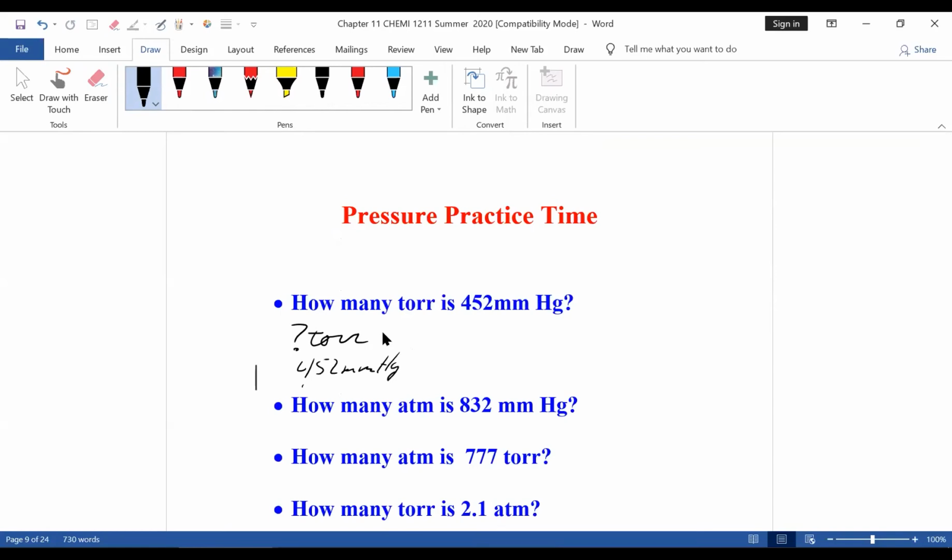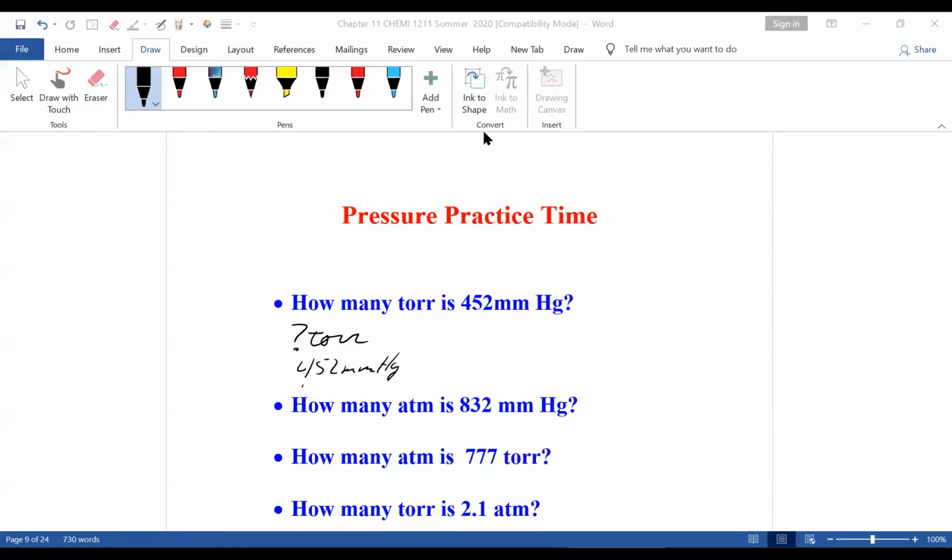Therefore, I bet you thought we were done with it. No, we're not. It's time to use your good buddy, your good friend, unit analysis. You can use it in a lot of places. And some important information you should know.